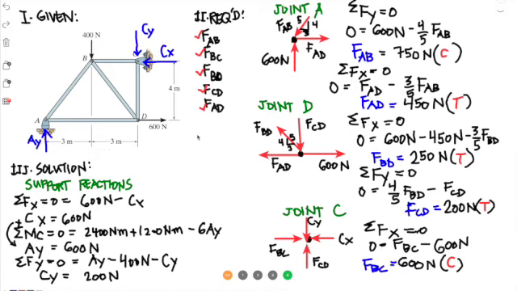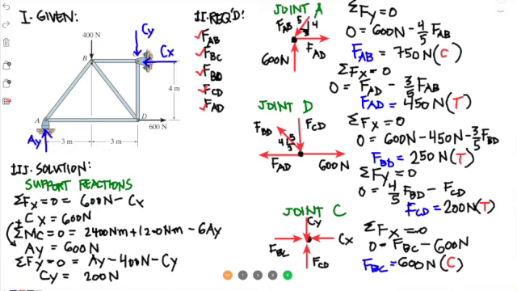So go select the joint with the least unknowns. Okay, so for this one you have no choice but to select joint A, since it has two unknowns. For joint C, there's also two unknowns at the beginning.